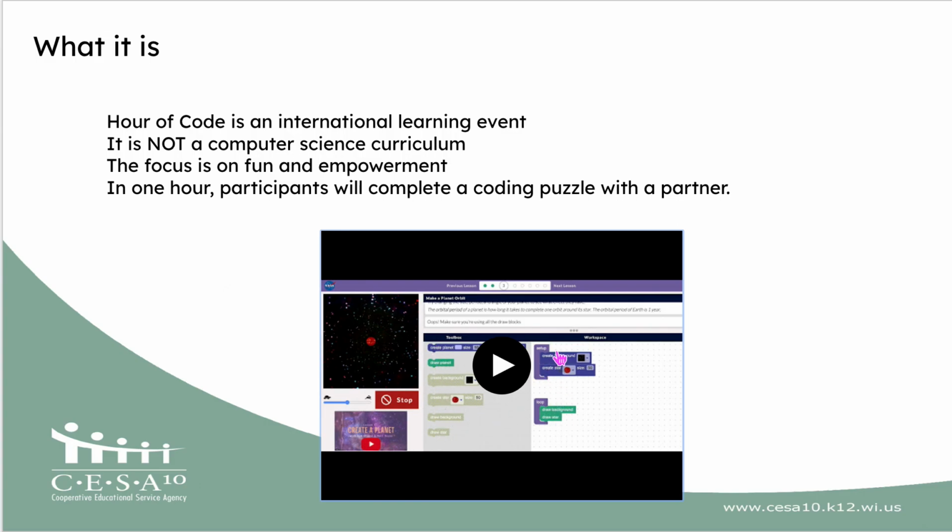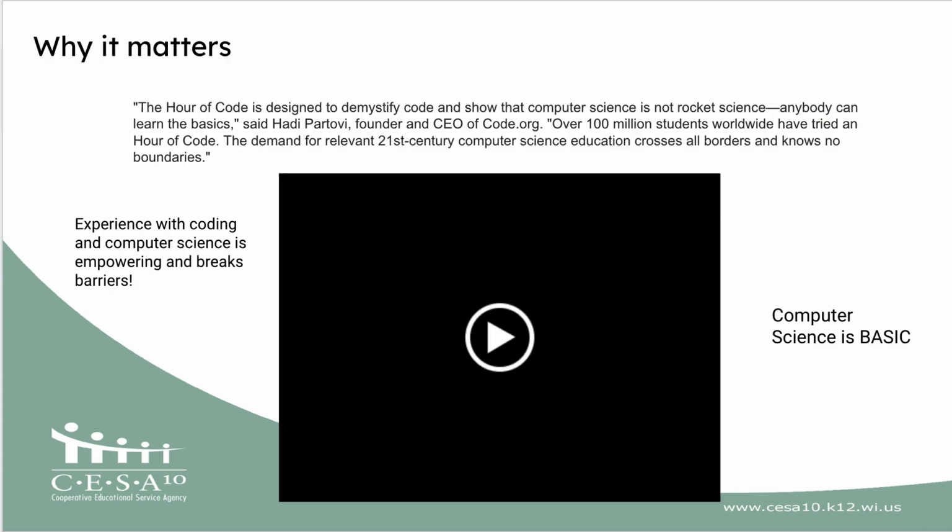They put them together, and these are the instructions, and over here is where those instructions are carried out. This one is sponsored by NASA. It's called Create a Planet, where they're actually creating a little mini solar system, or a little planetary system. So that's what Hour of Code is. It's just a 1 hour empowerment event.